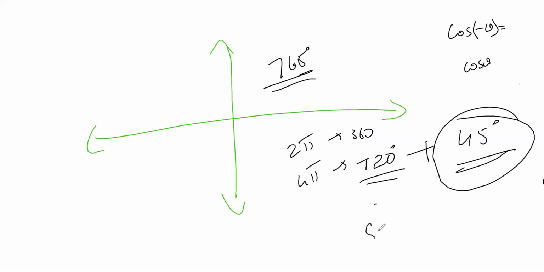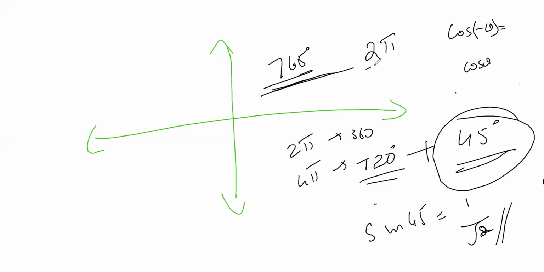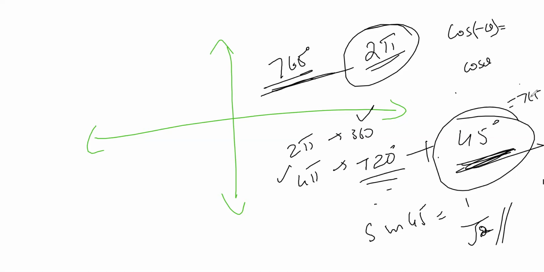So what is my sine 45 value? 1 by root 2. Is it clear? Because we are dealing with everything in terms of 2 pi, 360. If you deal with everything in terms of 2 pi, it will be very easy to calculate. 2 pi is 360, 4 pi is 720, and 720 plus 45 gives 765. So sine 45 is the answer.